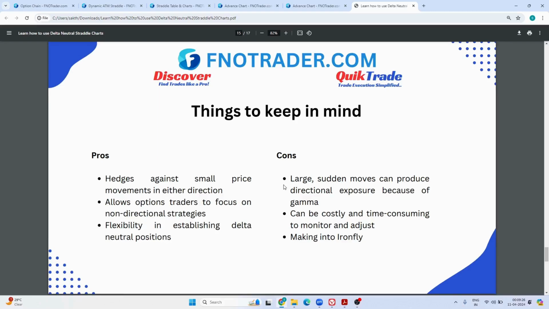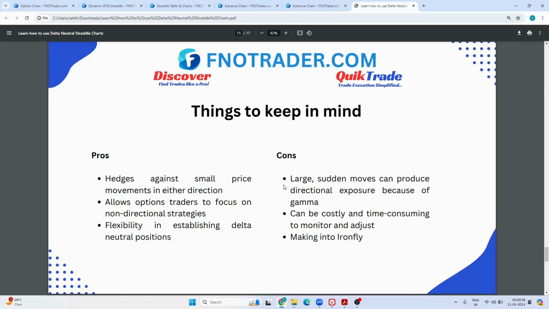Now let's see what are the things to keep in mind. What are the pros of this approach or advantages of the delta neutral approach? One is it hedges against small price movements in either direction. Remember, small price movements, that's the key. It allows option traders to focus on non-directional strategies. Non-directional means you are keeping the delta neutral while you trade your theta and your vega.